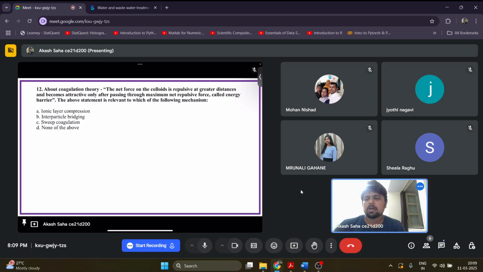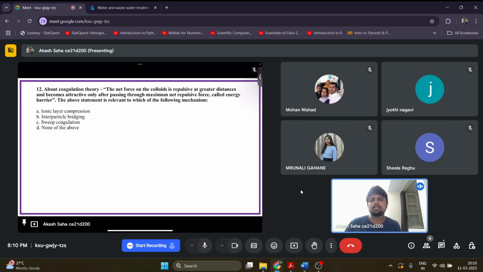Okay, the next one. About coagulation theory, the net force on the colloids is repulsive at greater distances and becomes attractive only after passing through the maximum net repulsive force called the energy barrier. The above statement is relevant to which of the following mechanisms? Ionic layer compression, interparticle bridging, sweep coagulation, or none of the above.